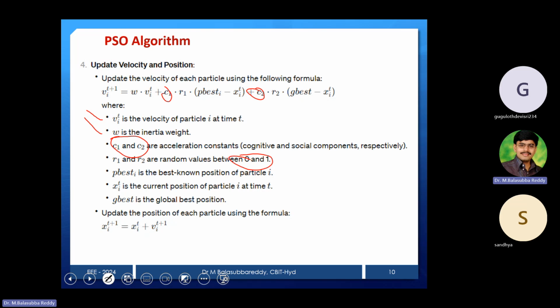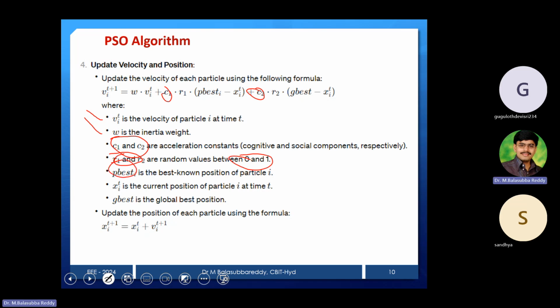Global best is the best direction in that case. So we may be in a different direction, and we have to move towards the right direction. That's what we see here with C1, C2 and R1, R2.